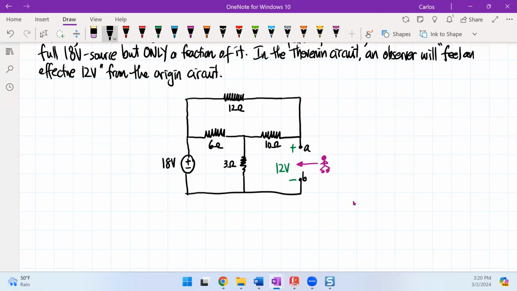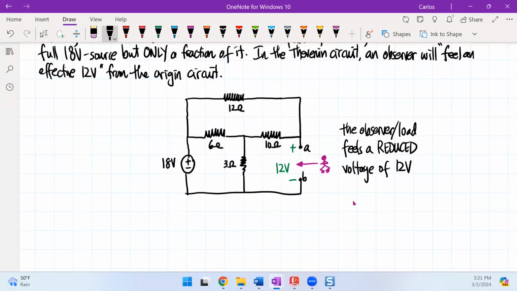In other words, the observer slash load feels a reduced voltage of 12 volts, not 18 volts. It's all from the viewpoint of the load.